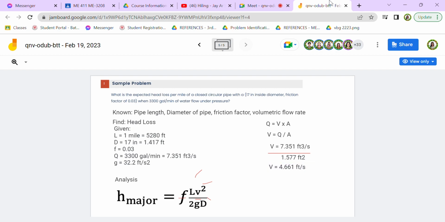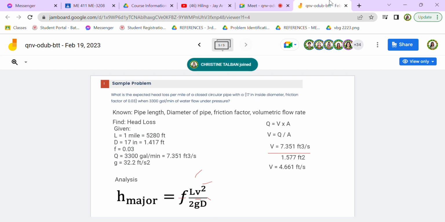Going back to the Darcy-Weisbach equation, let's check if we're complete. We have the friction factor, the length of the pipe with everything in feet, the velocity in feet per second, the acceleration of 32.2 feet per second squared, and the diameter of the pipe, which is 1.417. We can now compute H major.